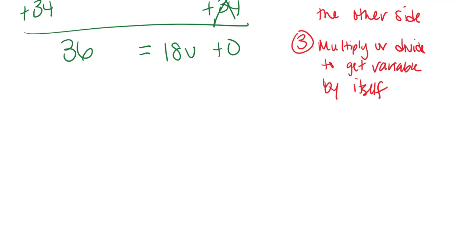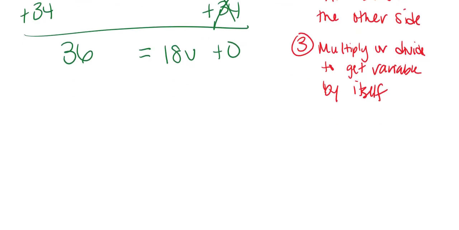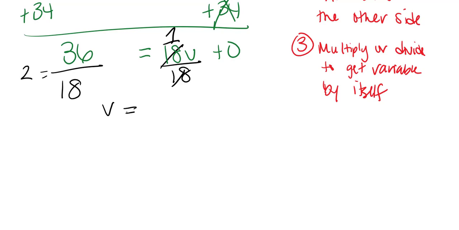Then, in order to solve for v, we're going to either multiply or divide to get the variable by itself. But we see that this is 18 times v, so we're going to divide. We're always going to do the opposite. So we're going to get rid of this by dividing by 18. This becomes 1. On the left-hand side, we have to also divide by 18. So 36 divided by 18 is 2. So v is equal to 2, and that would be our solution.